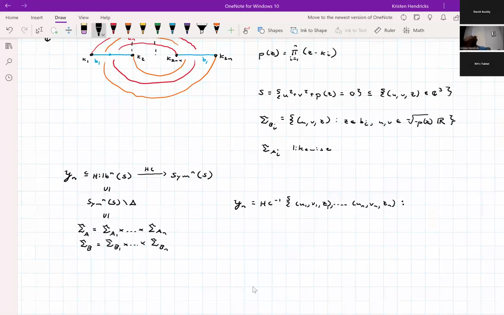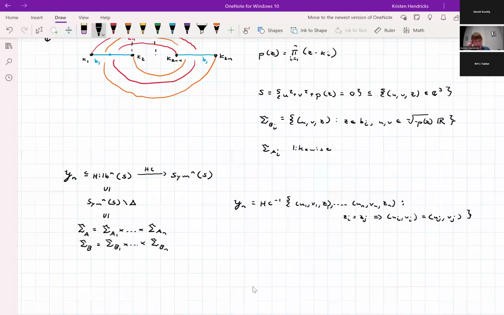What do I mean by that? I mean such that zi is only equal to zj if we also have ui, vi equal to uj, vj. So we're not allowed to have two different points that use the same z coordinate in our tuple of points.